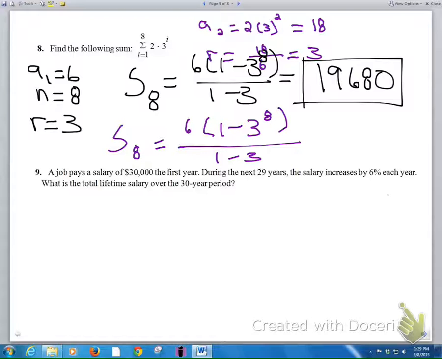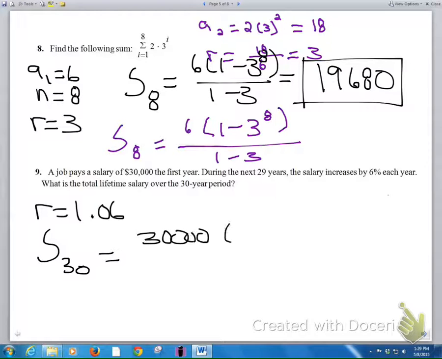All right, on number 9, a job pays a salary of $30,000 for the first year. During 29 years, the salary increases 6% each year. What is the total lifetime salary over a 30-year period? Well, remember, your increase is 1.06, not 0.06, because you make your salary from the year previous plus the additional 6%.